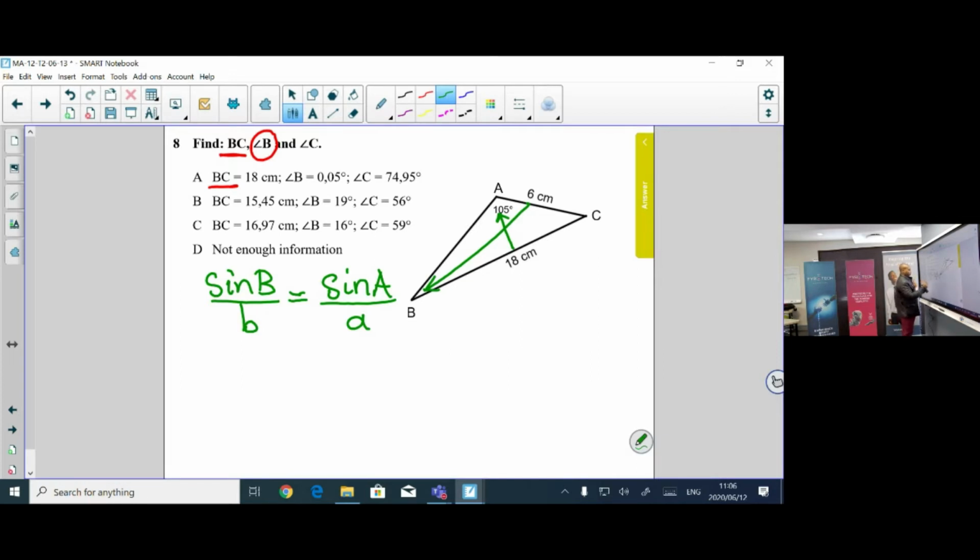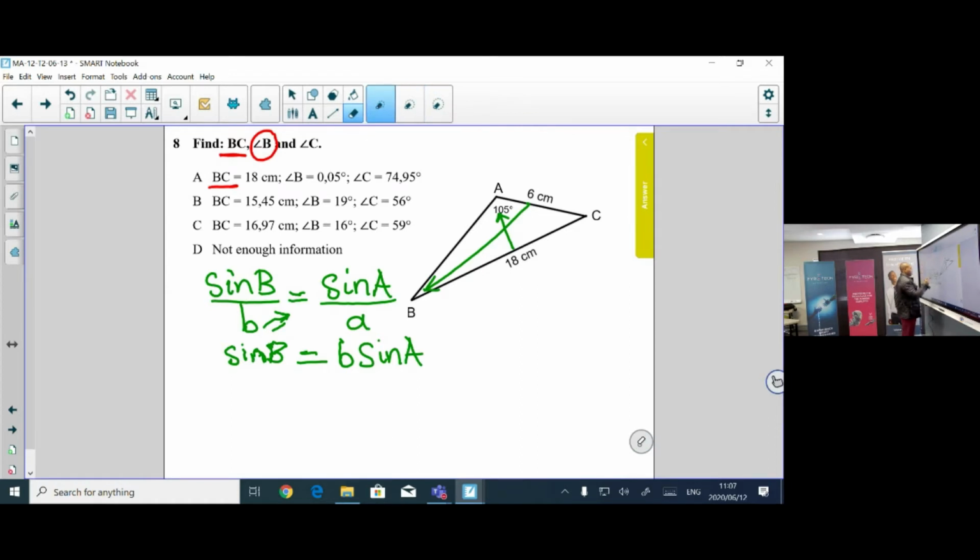So part of your working was supposed to go something like sine B, if I might make B the subject here, it will still be sine B equals b times sine A. So I've just cross multiplied the b here.